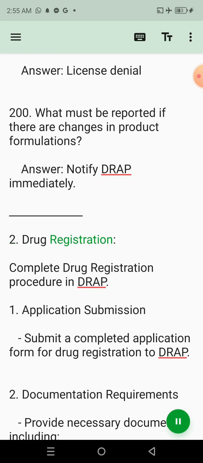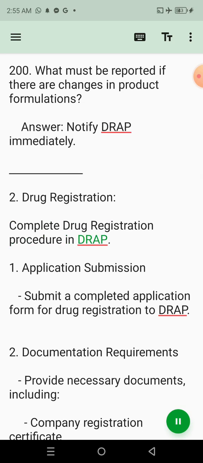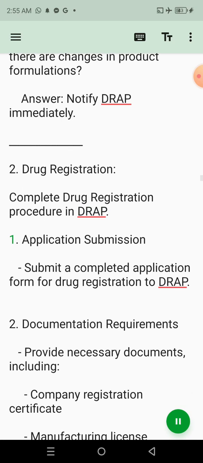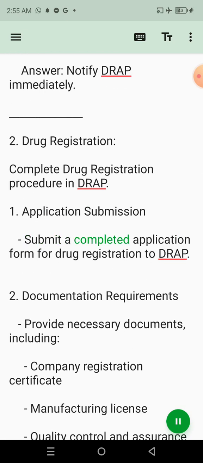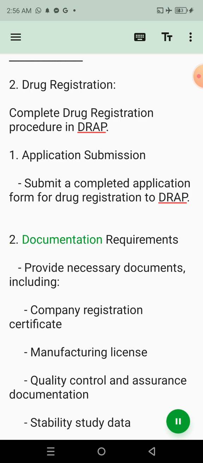2. Drug registration. Complete drug registration procedure in DRAP. 1. Application submission. Submit a completed application form for drug registration to DRAP. 2. Documentation requirements.